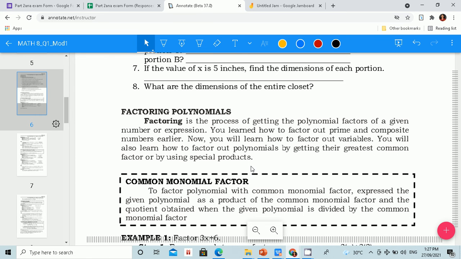So, factoring is the process of getting the polynomial factors of a given number or expression. Okay. So, factoring means you are going to simplify it.